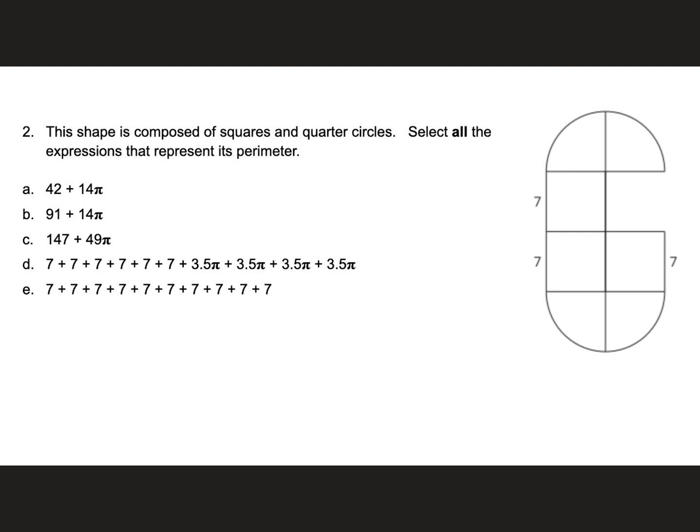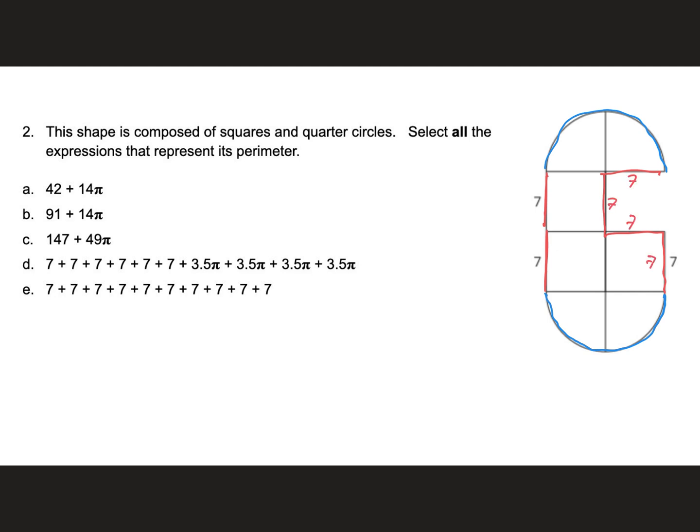So if I'm looking at perimeter, I'm looking at this distance plus this distance plus the distance of this half circle and this half circle plus this length, this length, this length, and this length. And that is the perimeter I'm trying to find.